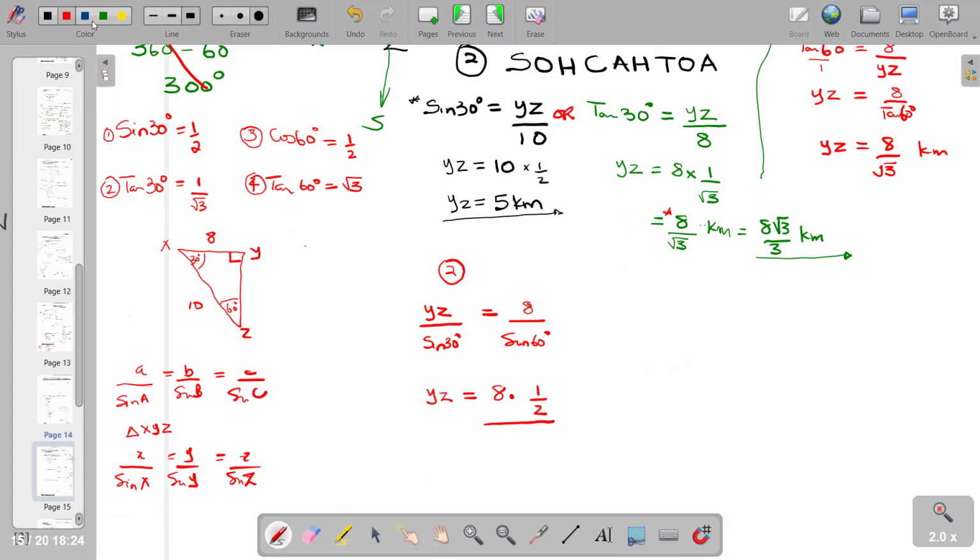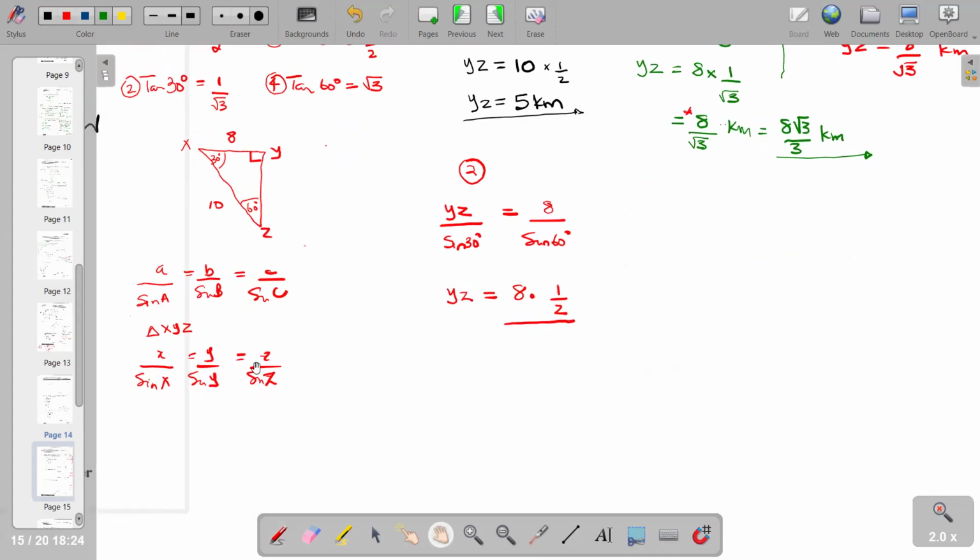This is a ratio of a special angle, which gives us root 3 over 2.